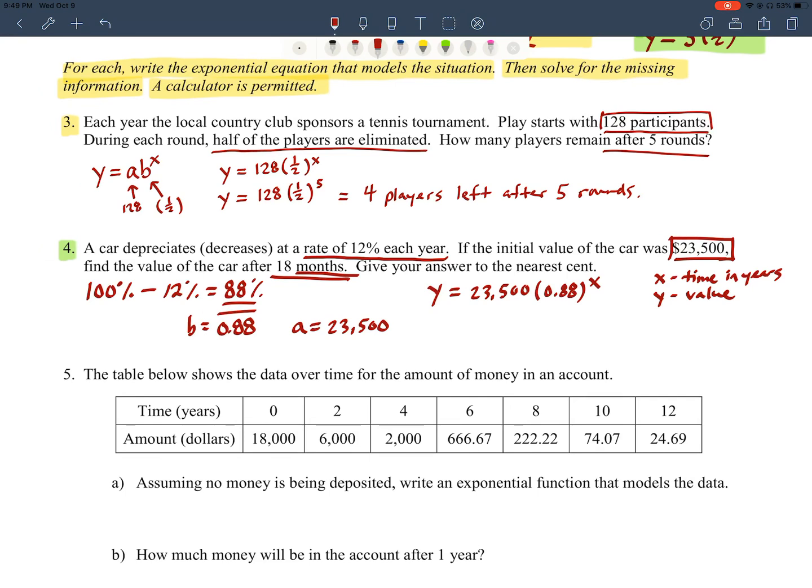So when we're asked to find 18 months, 18 months is the equivalent of a year and a half. So what we want to do is put in 1.5 for our value of x. And then again, you can use your calculator to get that value here. I'm going to do it off screen again.